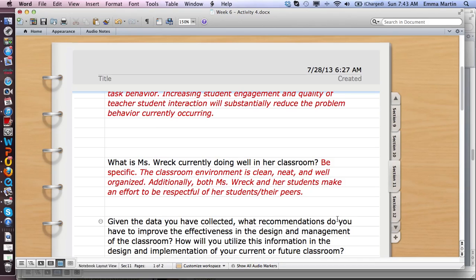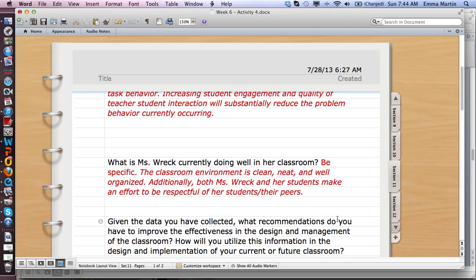The other thing we always want to do is talk about what the teacher did well. So after I summarize the data, I want to state, here's what I think you did well, Ima. Okay, her classroom is clean and neat and it's well organized. Okay, and Ms. Reck makes an effort to be respectful of her students and their peers.